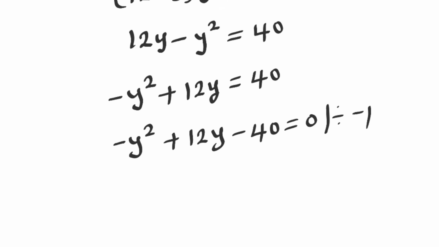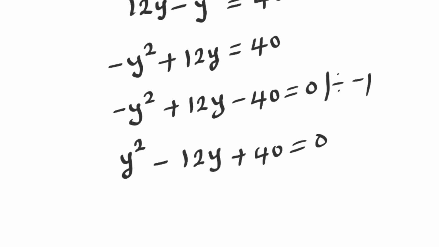Negative y square divided by negative 1, this is y square. Then positive 12y divided by negative 1, this is negative 12y. And negative 40 divided by negative 1, this is positive 40 is equal to 0.